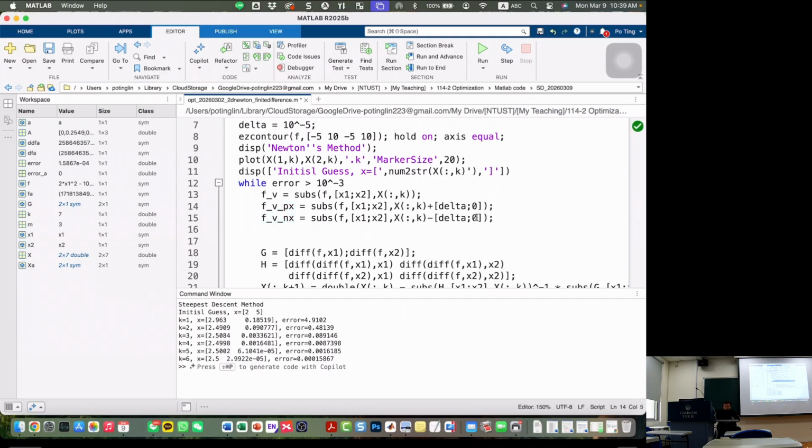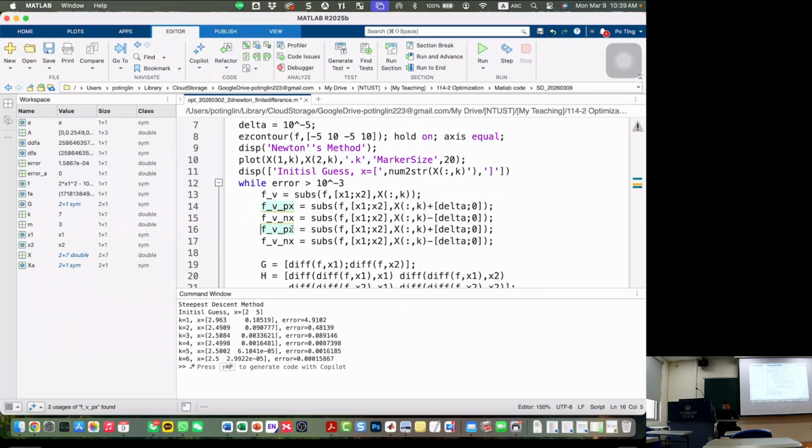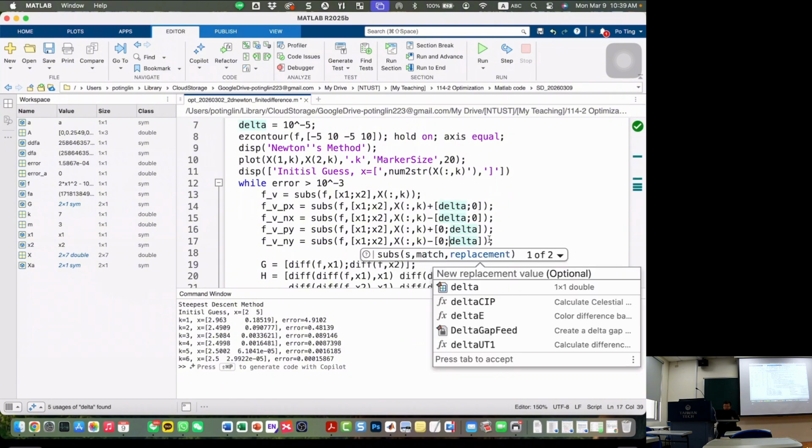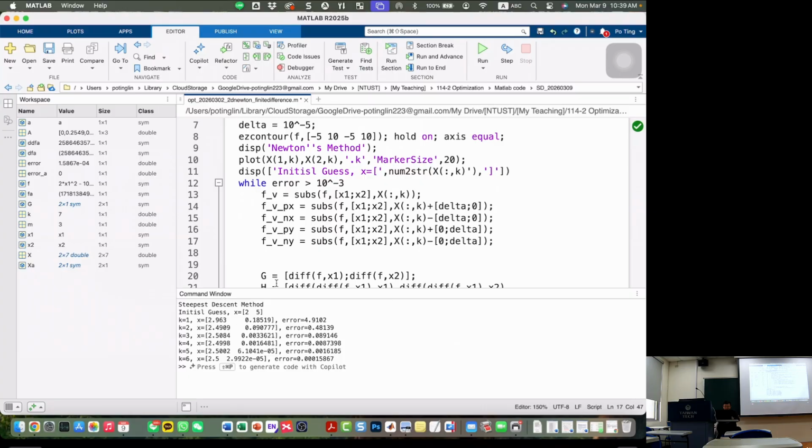I will do the same thing for y. So positive y, negative y. Here, basically 0 delta, 0 delta. And I will need positive x and positive y for the off-diagonal term.